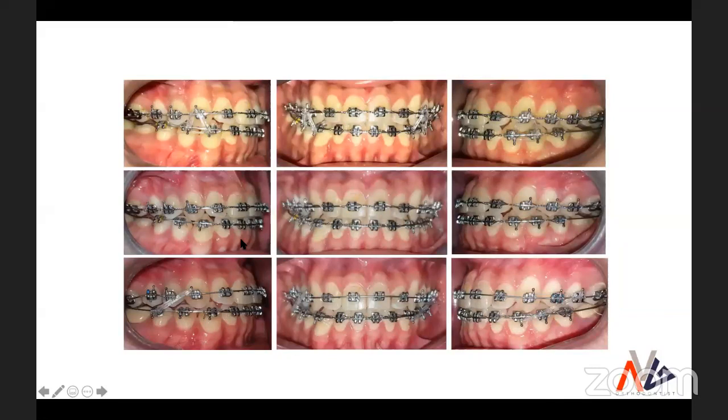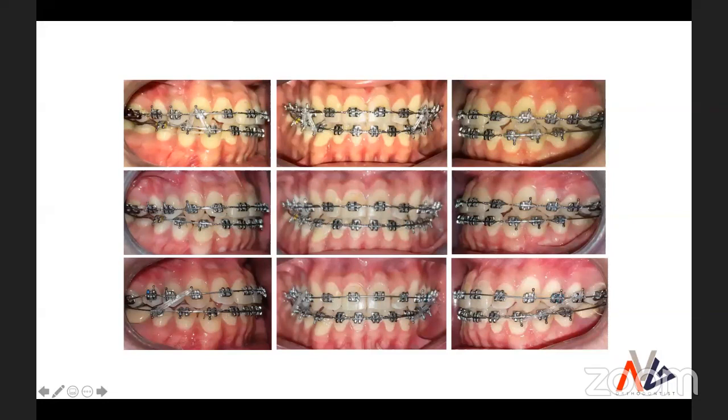I just use a reverse curve, and I place it the other way. Any reverse curve, you just place it in the opposite fashion, so you get an accentuated curve rather than a reverse curve. Like the way you place it for deep bites, you place it the opposite.